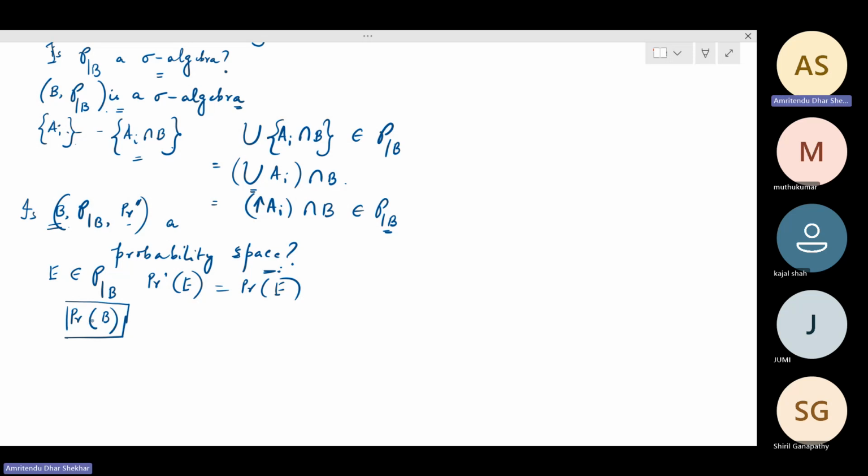So P of B may not be 1. Therefore, this is not a probability space.